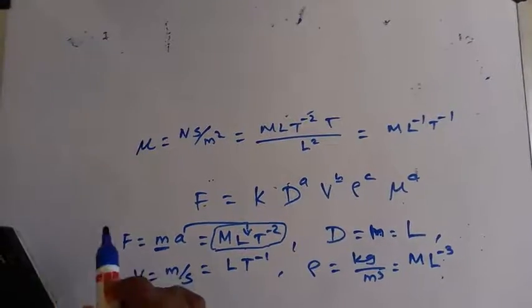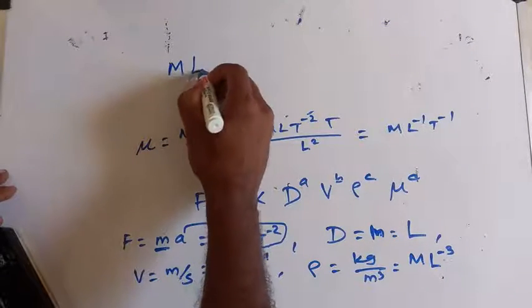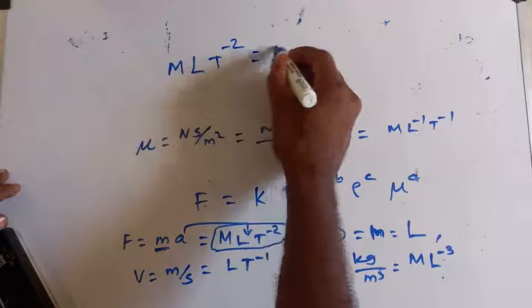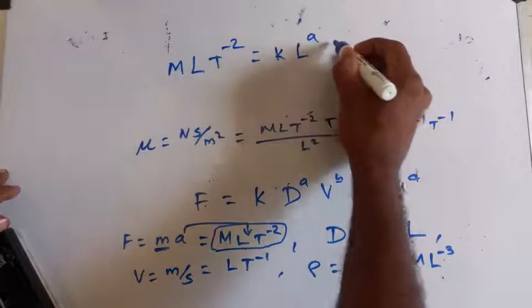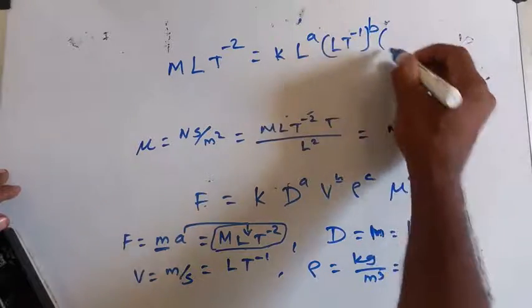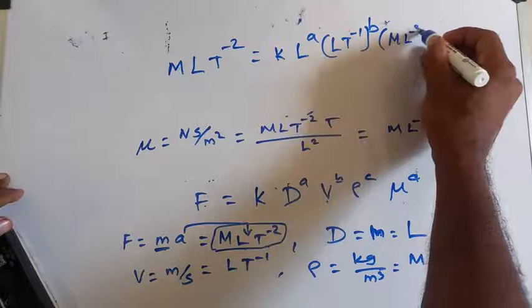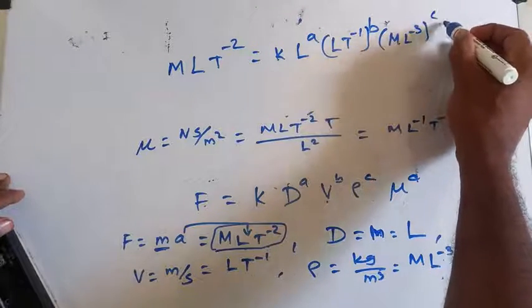Now I am substituting dimensions in both sides. M L T power minus 2 is equal to some constant times L power a, L T power minus 1 whole power b, because for velocity L T power minus 1. For density, M L power minus 3 whole power c.